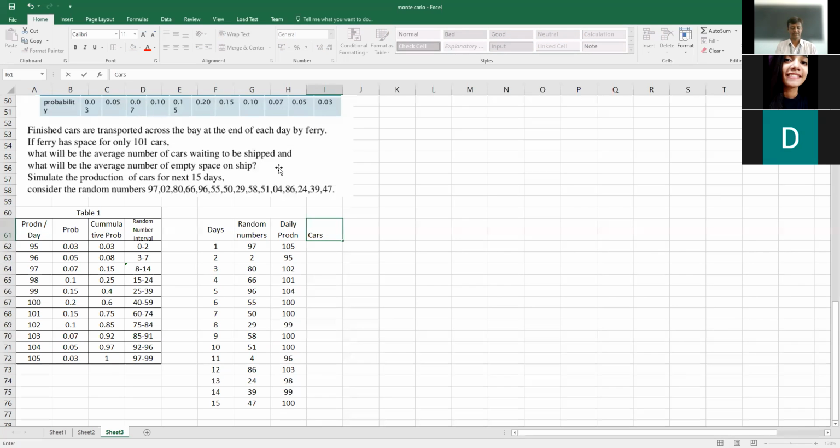So we are going to find out cars waiting to be shipped. Cars waiting to be shipped can be calculated based on 105 minus 101. 101 is nothing but the capacity of the transporter to transport the cars from production location to the market.